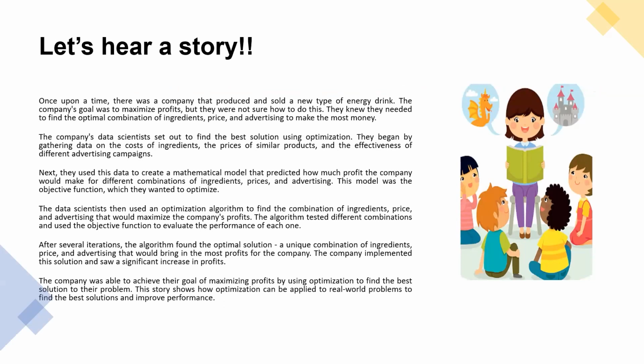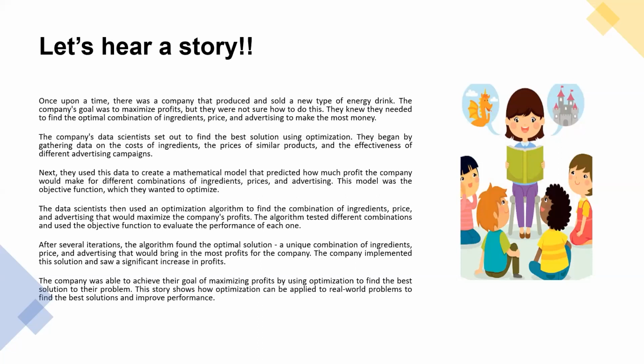Like any other business, the company's goal was to maximize the profits, but they were not sure how to do it. They knew that they needed to find an optimal combination of ingredients, price, and advertising to make the most money. But who will say what that optimal thing is?